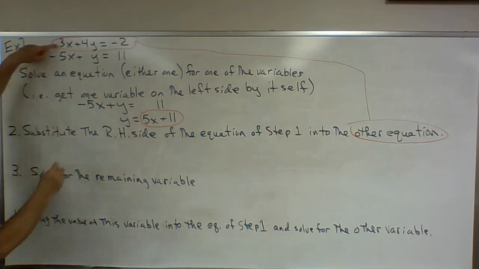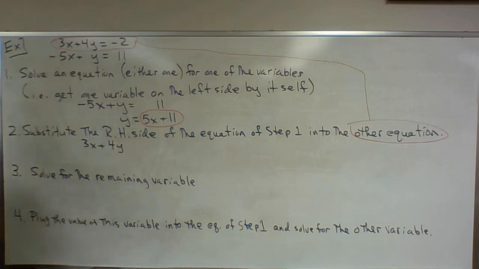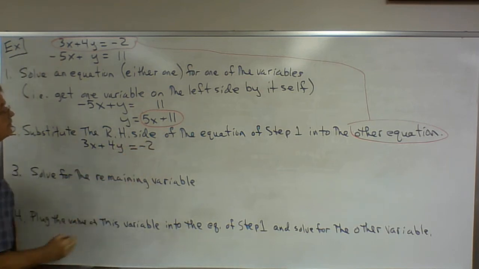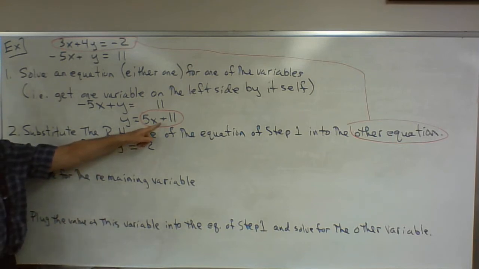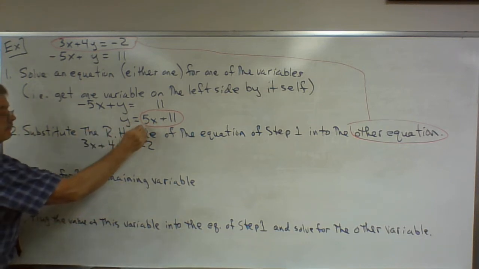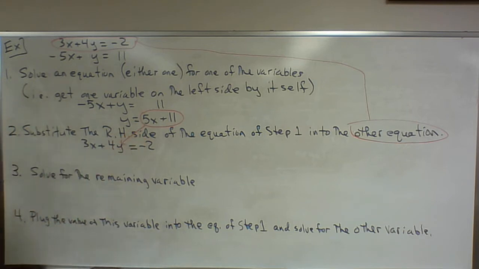So I'll take 3x plus 4y equals -2. And I'm going to take the right-hand side of this equation and substitute it for y in the equation down here.